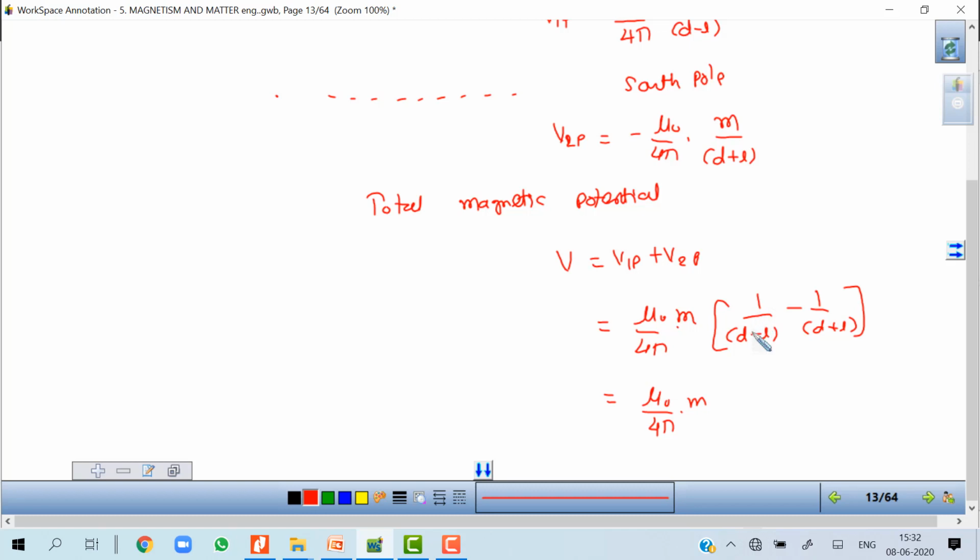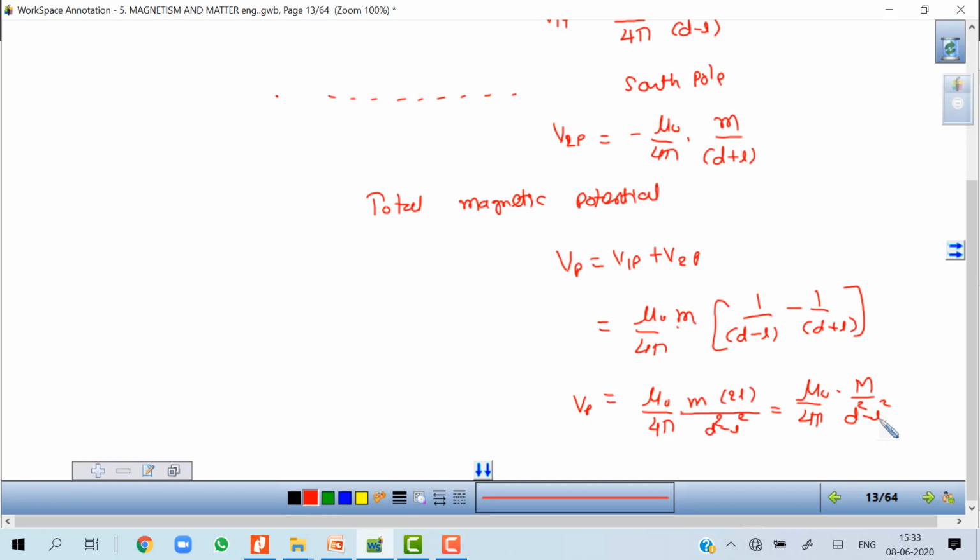Here D plus L, D minus L, D will cancel out, I think, and this minus minus becomes 2L. So this is 2L upon D square minus L square. And this is nothing but mu 0 upon 4 pi, m times 2L, which means magnetic moment, upon D square minus L square. So this is the basic formula for magnetic potential.